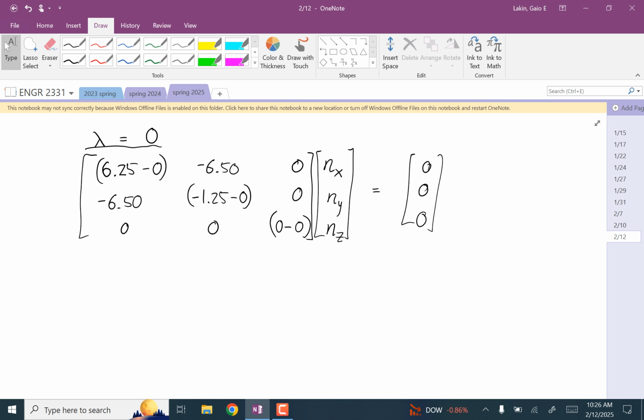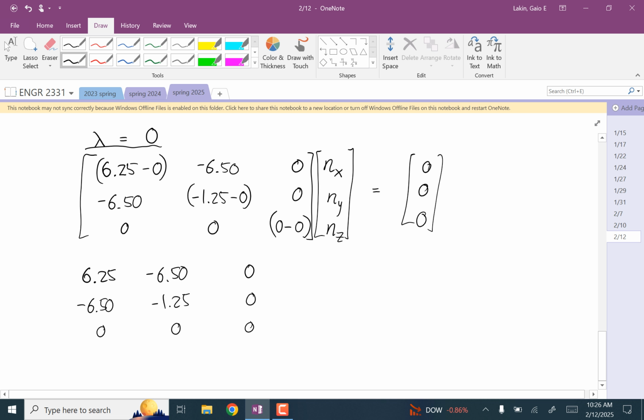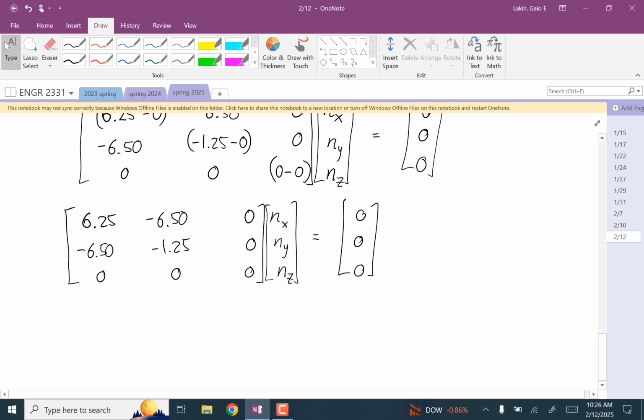Okay, so this says 6.25, negative 6.5, 0, negative 6.5, negative 1.25, 0, 0, 0, 0, times nx, ny, and nz is equal to zeros. So this gives us three equations.